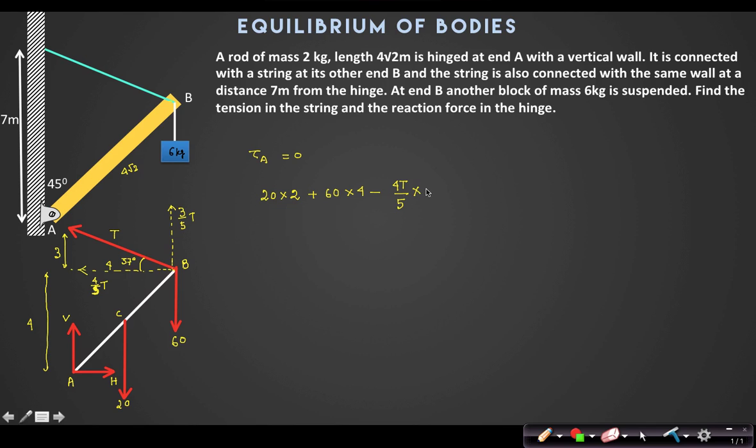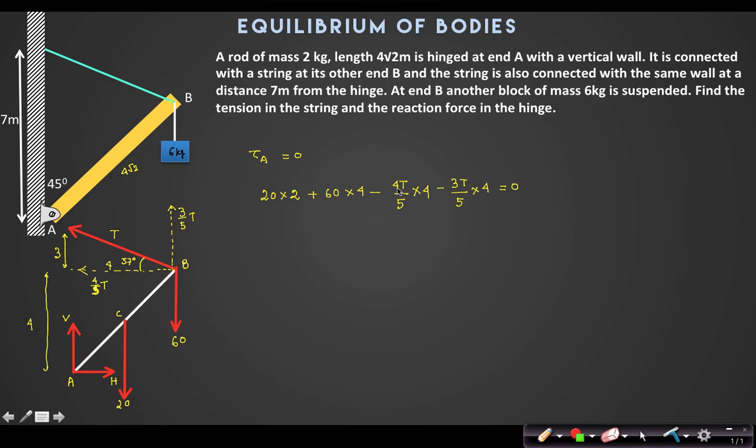And what is the perpendicular distance? It's 4. And what is the torque of this 3T by 5? That's also negative, and the perpendicular distance is also 4.